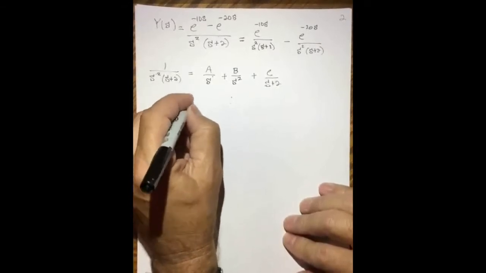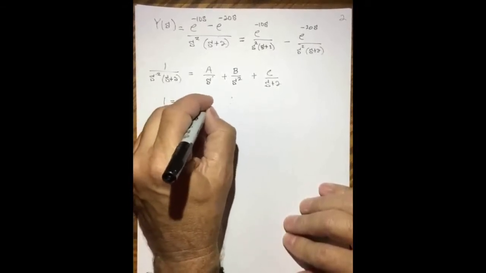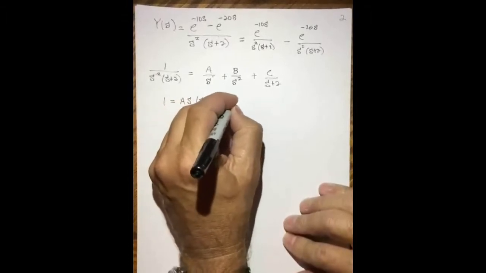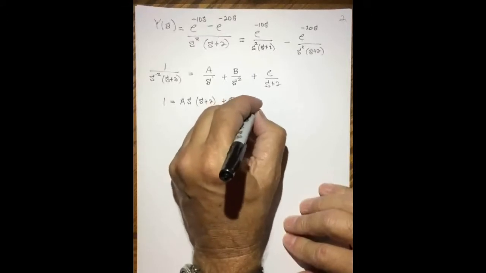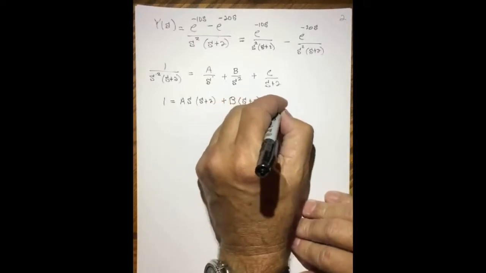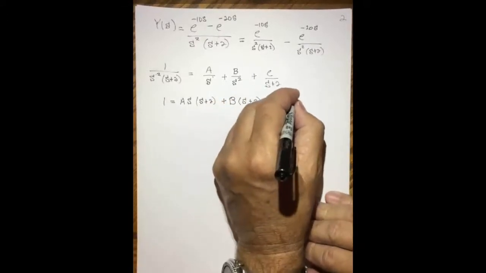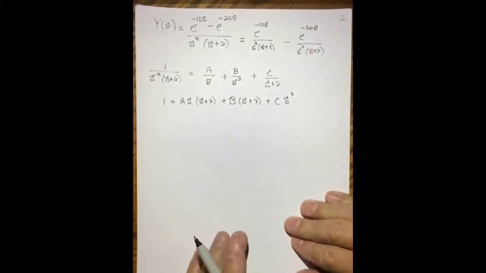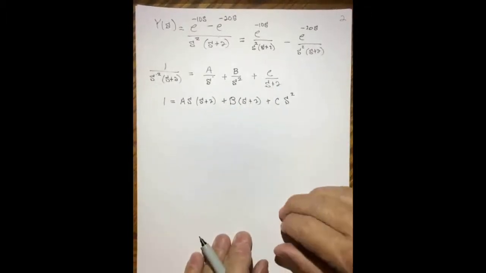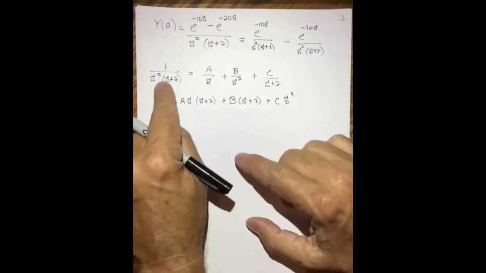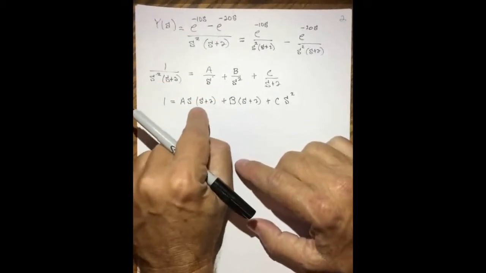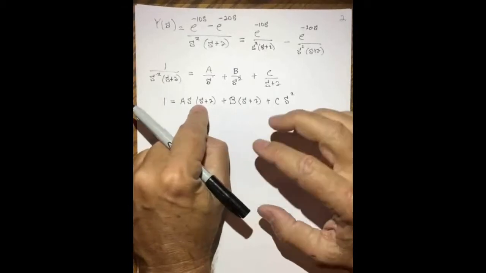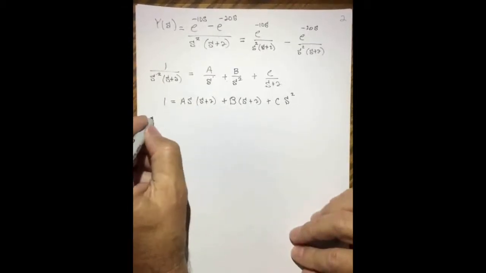This would be A times s times s plus 2, plus then B times s plus 2, and then C times s squared. Just the usual thing. We want to make each denominator look like the one on the left. And you simply multiply top and bottom by what's missing. And then we want to equate numerators. Now we go to work.